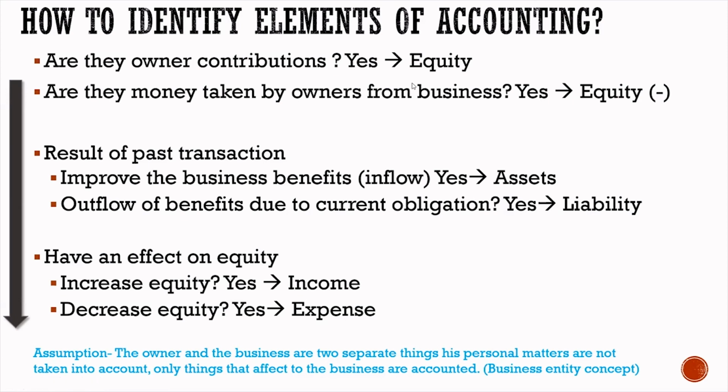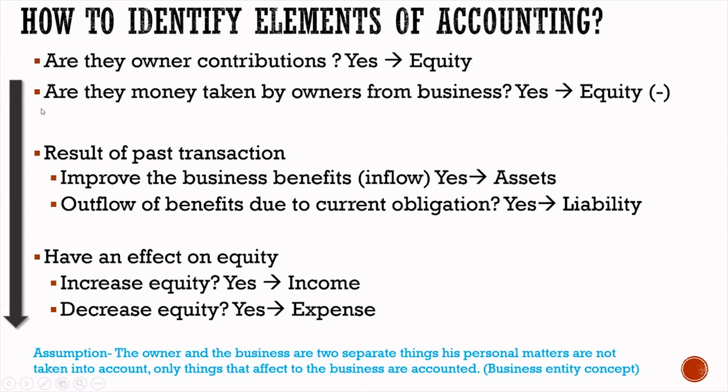So I hope you understood. If the owner has something to do with this transaction, it falls under equity. If the owner is giving us money to the business, so it will increase the equity. If the owner is taking money from the business, it will reduce equity. But if it is a result of a past transaction, that is, it does not meet the first two, then you have to come down.